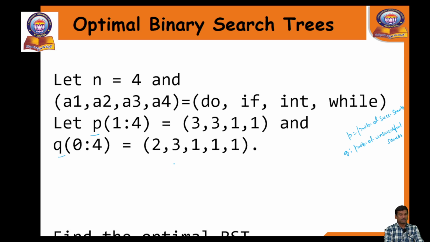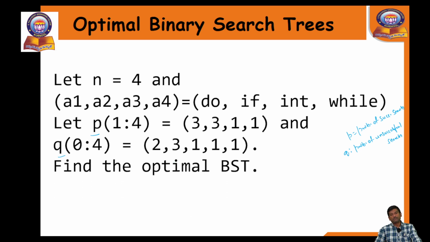So here find the optimal binary search tree. That is, you need to find what is the optimal binary search tree for this kind of problem. So the problem will be given related to the optimal binary search tree, that is, given the keys and number of keys. According to this example, there are 4 keys, and the keys are do, if, int, while.